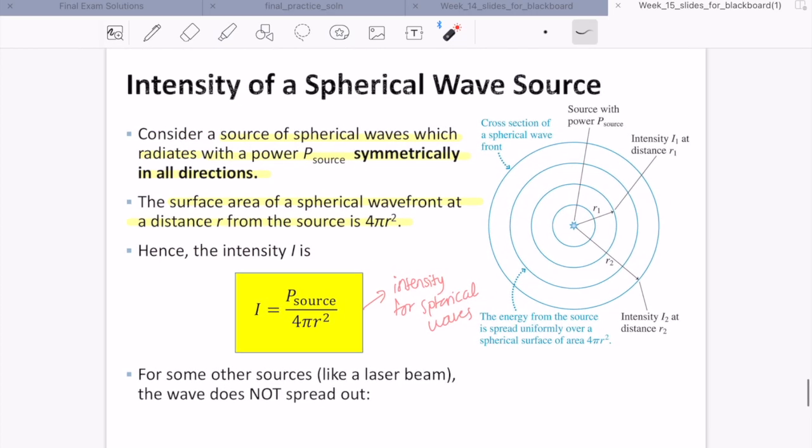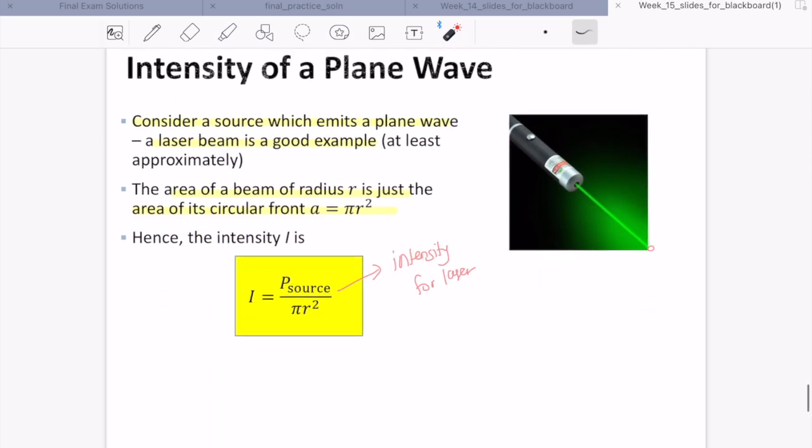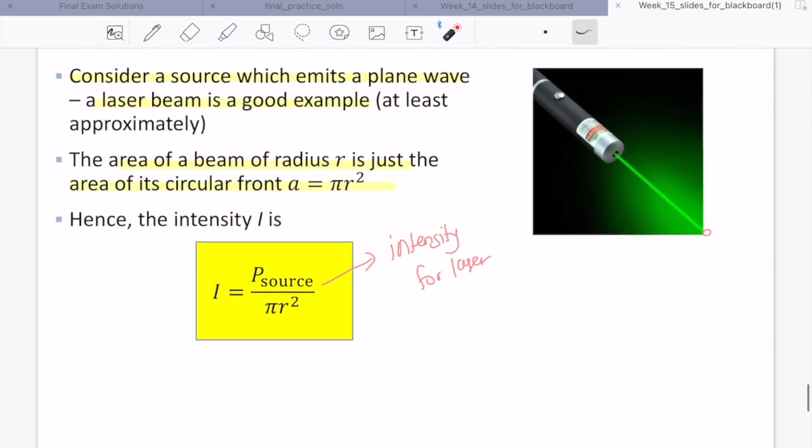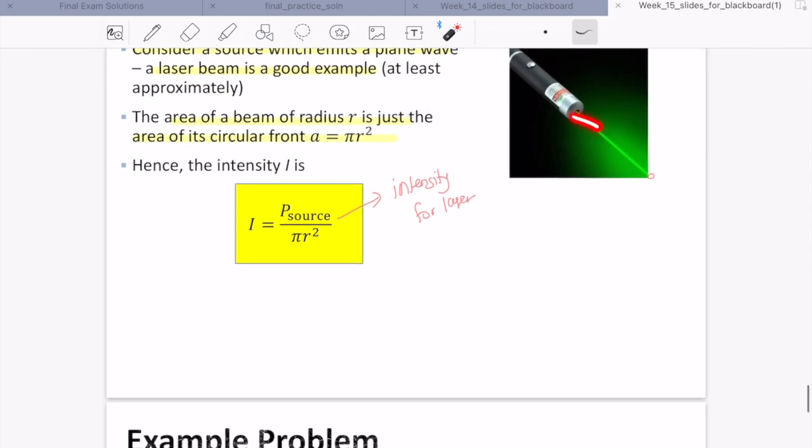So that's it for spherical waves. For planar waves, where the cross-sectional area is just a circle, it's pi r squared. So your intensity would be equal to the power of the source, once again, divided by the area, and that area would just be pi r squared for a planar wave. Usually the example is a laser.